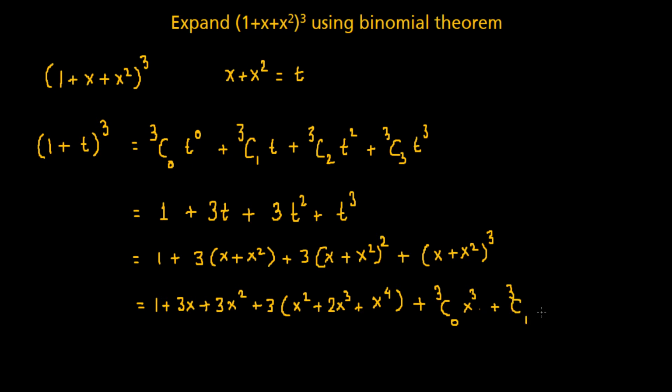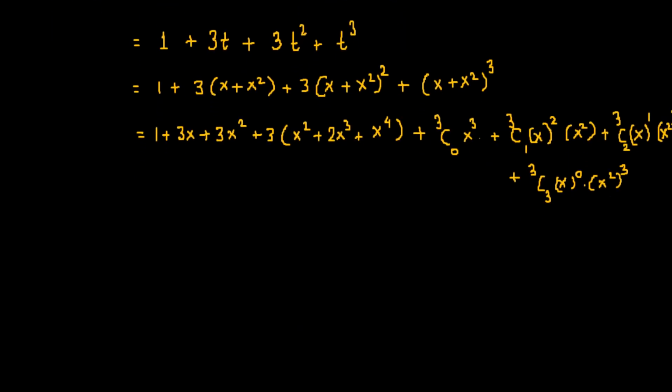Then we have 3c1 x raised to the power 2 times x squared, plus 3c2 x raised to the power of 1 times x squared raised to the power of 2, and the final term, which is 3c3 x raised to the power of 0 times x squared raised to the power of 3. So far so good.